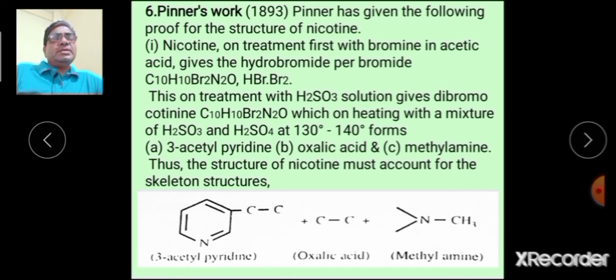First is 3-acetylpyridine, second is oxalic acid, and third is methylamine.